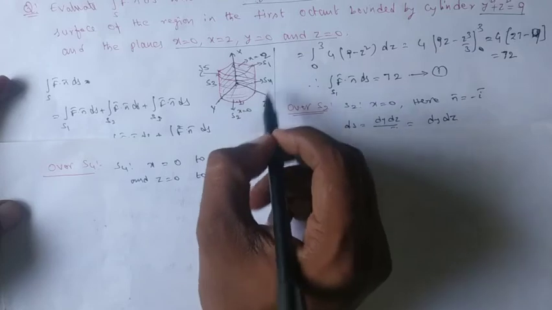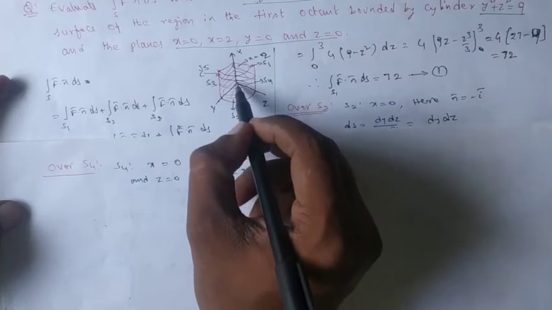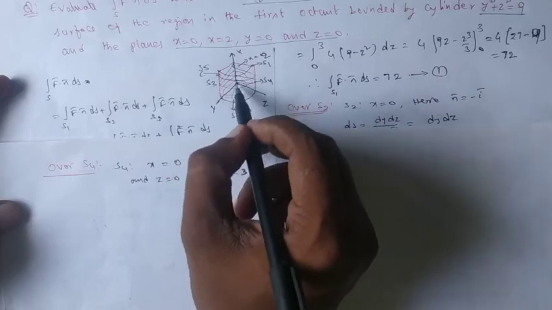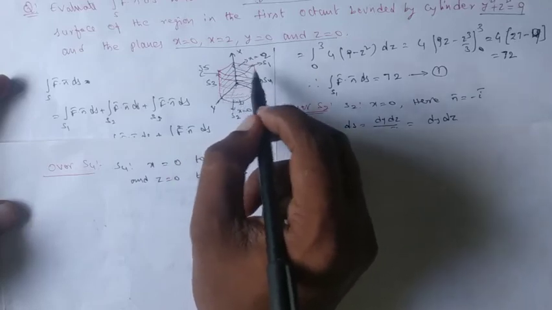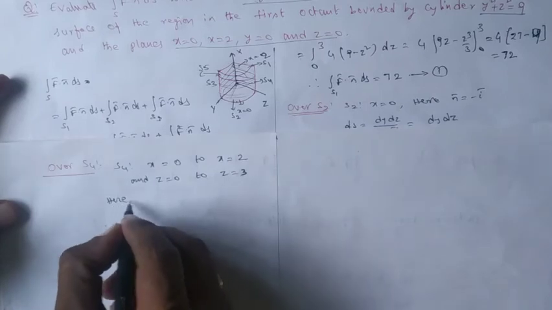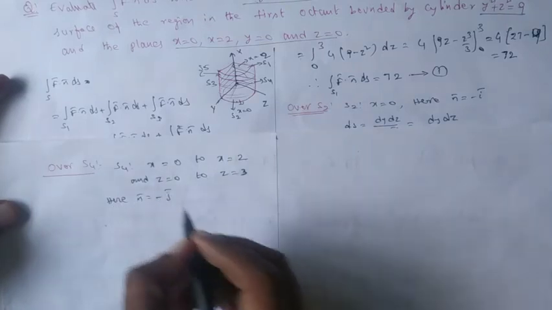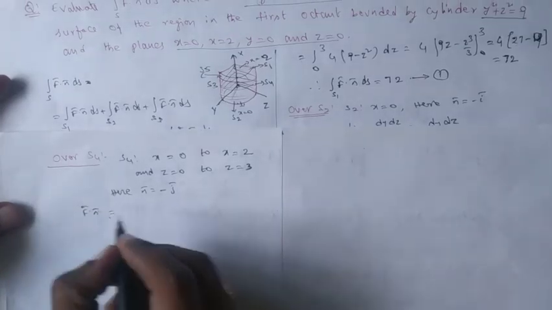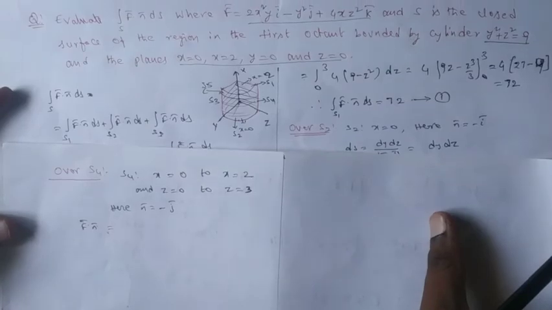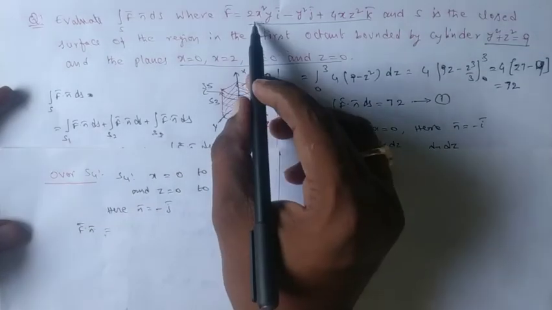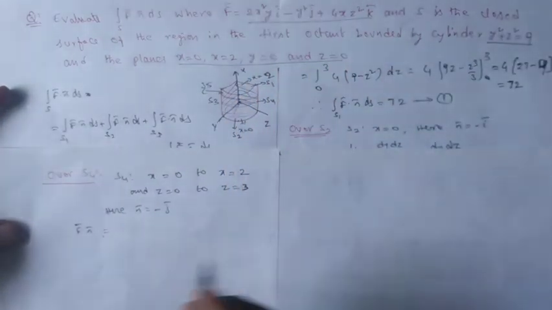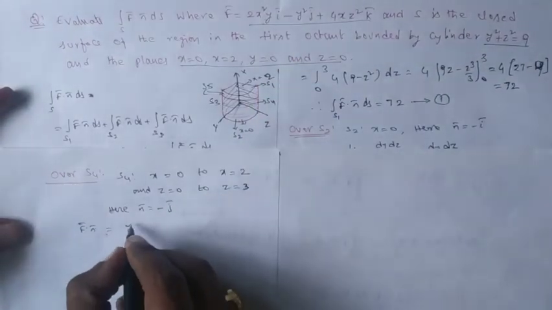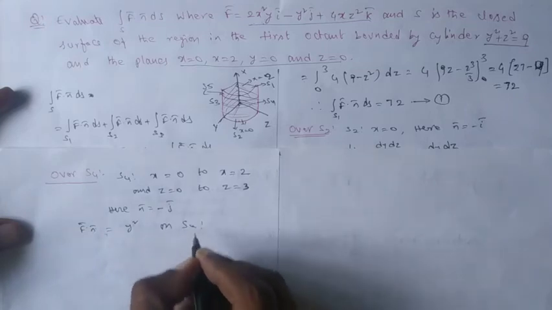Now it is a plane on the xz plane whose normal is this one, but it is the inward normal. We want to take the outward normal, so it is away from the y axis, on the opposite side of the y axis. So here n bar equals minus j bar. Now if you take f bar dot n bar, the function f bar is 2x square i bar minus y square j bar and so on. So f bar dot n bar becomes y square on S4.